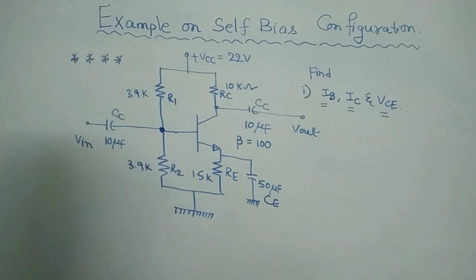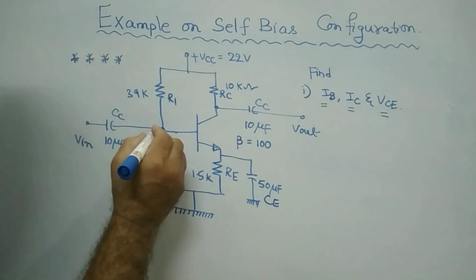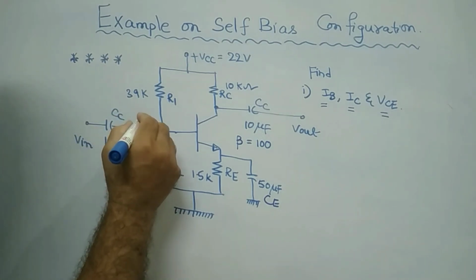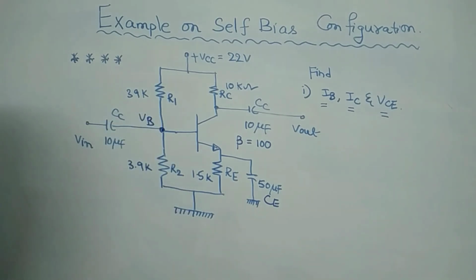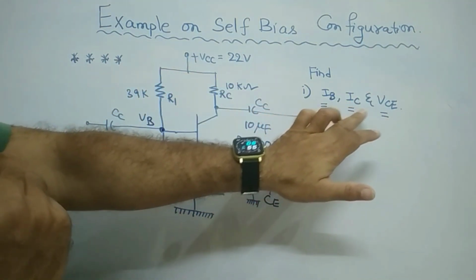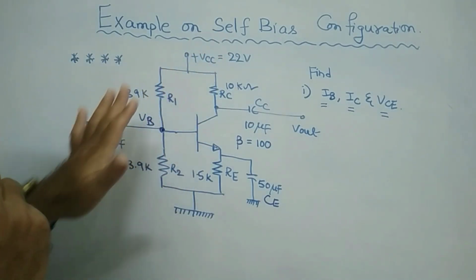Now I can directly give you the expression, because at this connection I can assume some voltage, the base voltage VB. I already told you in the previous presentation that this is the analysis for solving IB, IC and VCE. This comes under DC analysis.